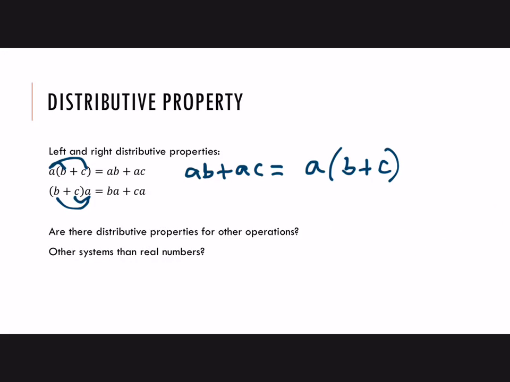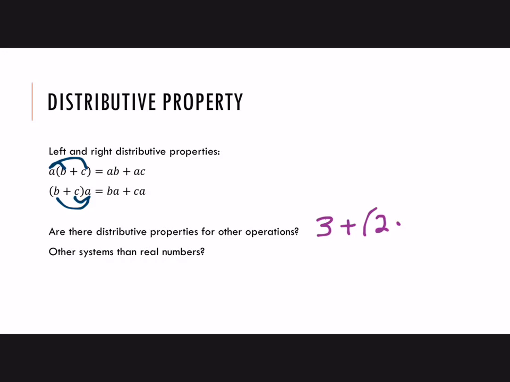All right, what about, we did talk about multiplication over subtraction, but I could come up with really any other example. I could switch these. I could do addition over multiplication. Is this the same thing as doing 3 plus 2 first and 3 plus 4 and then multiplying?